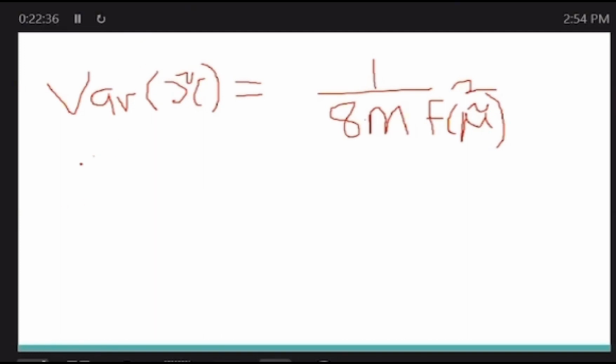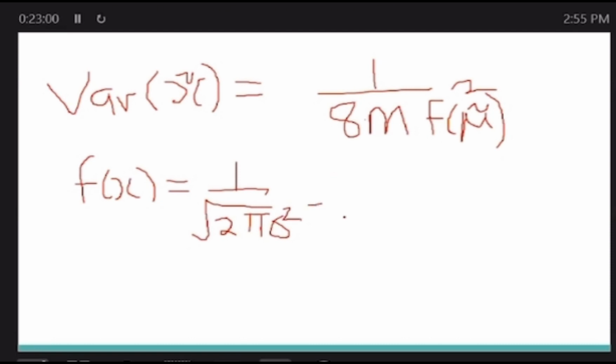In the normal distribution, f of x is 1 divided by the square root of 2 pi sigma squared, times the exponential raised to the power negative 1 over 2 times (x minus mu over sigma) squared. This is the probability distribution of a normal distribution.